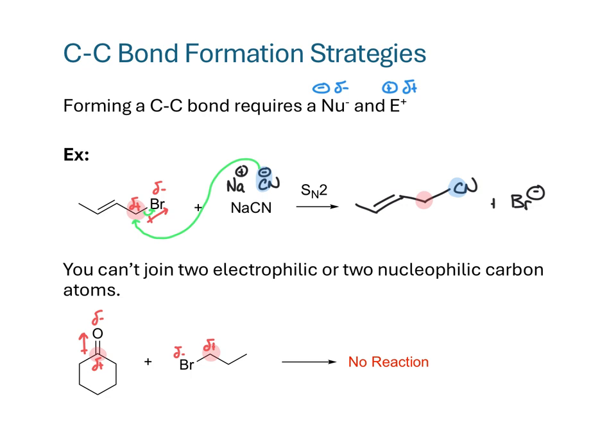These two carbons here, because they're both electrophilic, they can't be joined. So if we want to somehow join those two carbons together, we somehow need to reverse the polarity of one of these two atoms to make it nucleophilic instead of electrophilic.